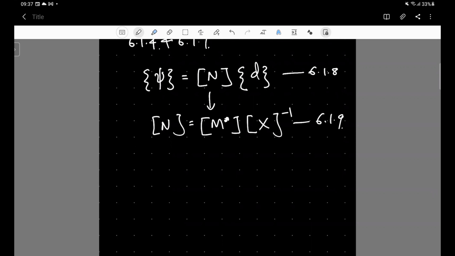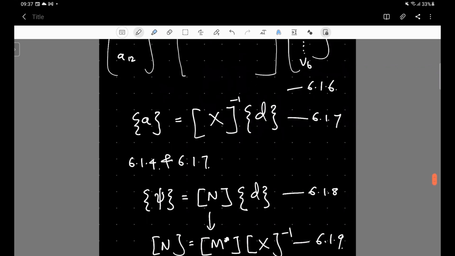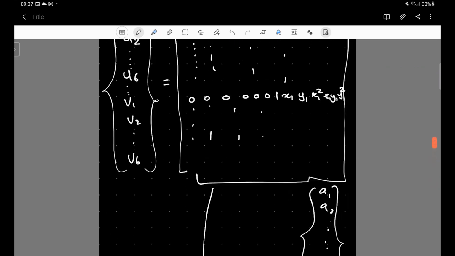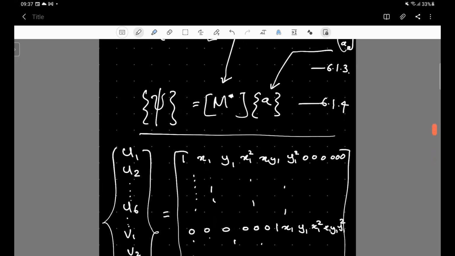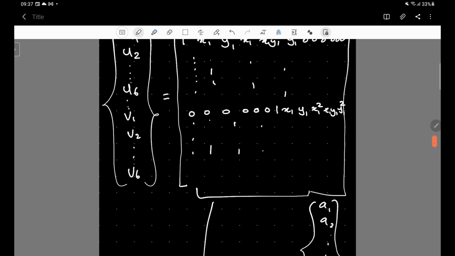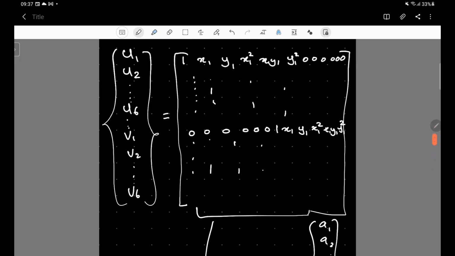So the next step, of course, is after we selected the displacement function, which we did now, and already expressed in terms of the different matrices which we calculated. M star matrix is nothing but the matrix I have given here. X inverse matrix is the inverse of this matrix which I have provided here.